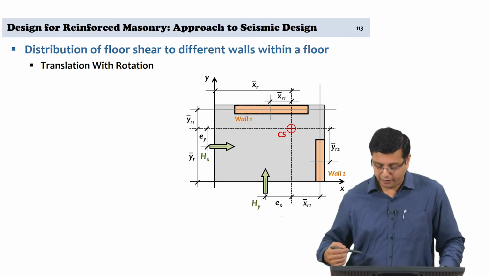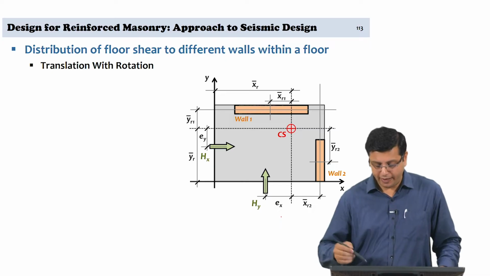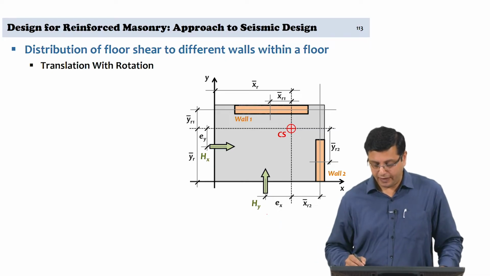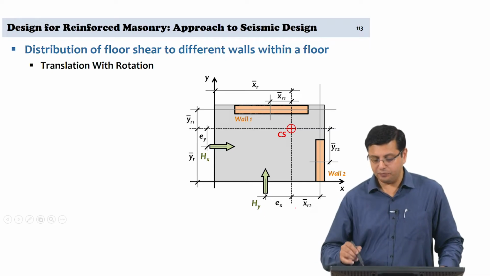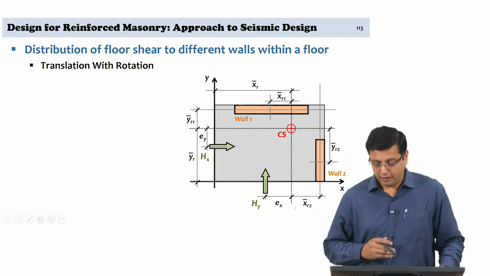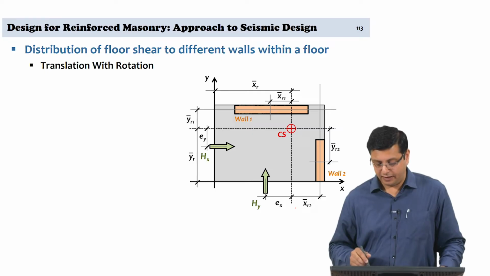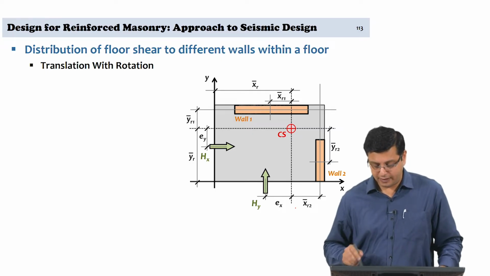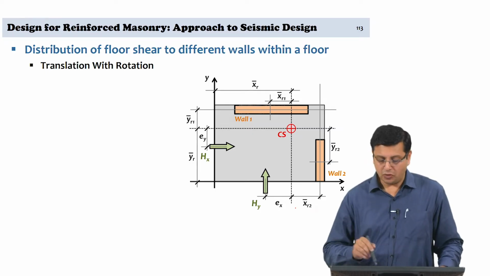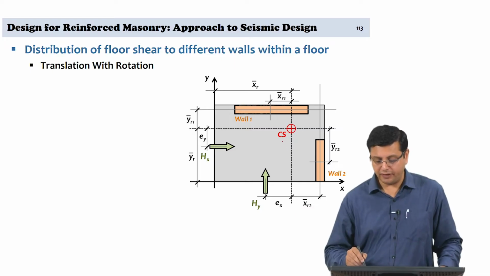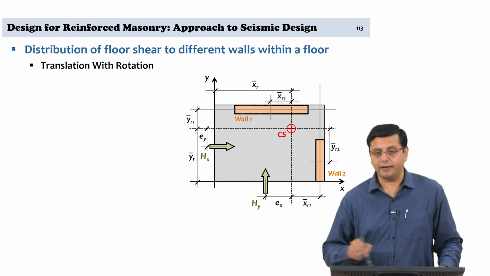And similarly, if earthquake force were to be considered in the y direction, Hy, then the eccentricity Ex between the line defining the center of stiffness in the y direction and the center of mass, so eccentricity Ex.